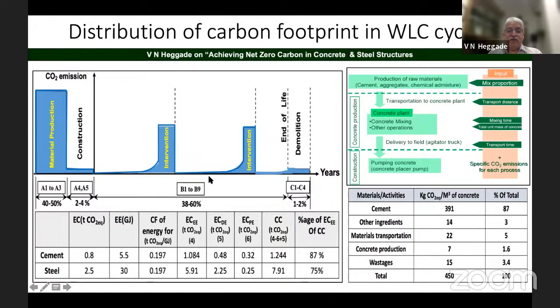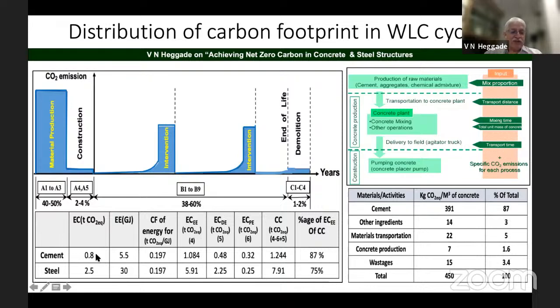So basically, if it's possible for us to control the carbon dioxide emission because of cement and steel and bring it down to net zero, the construction industry will be able to achieve net zero by 2070, as has been laid down by Indian policymakers. Now, look at the cement.